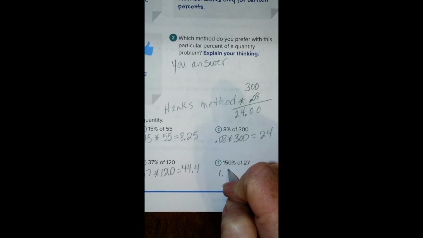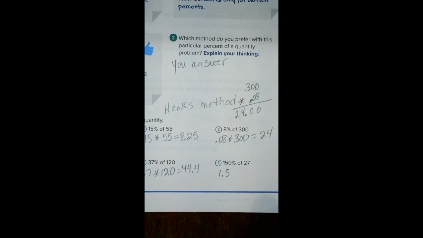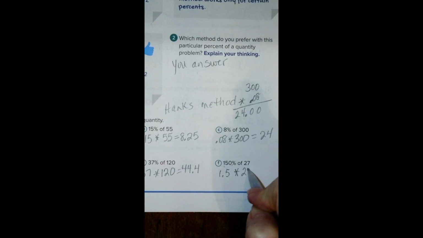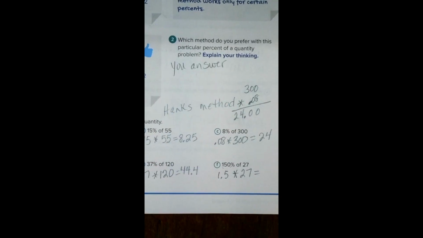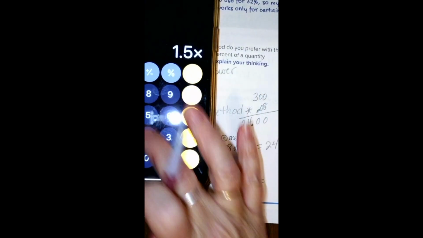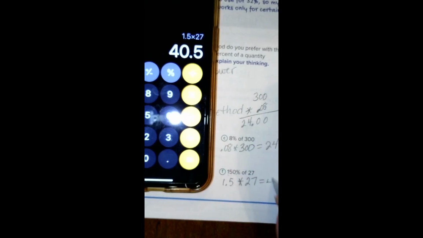So that's going to be 1.5 as a decimal, moving the decimal point over 2 places, of 27. 1.5 times 27 equals 40.5. Does that make sense? 150% of 27, we're doing more than 27. 100% of 27 would be 27.